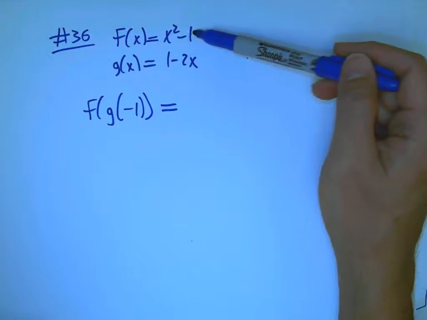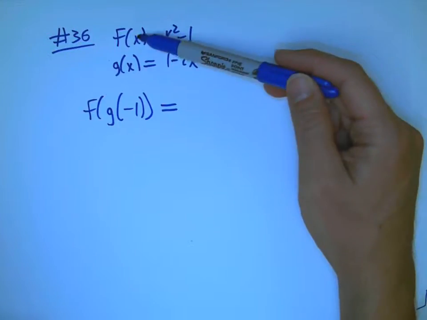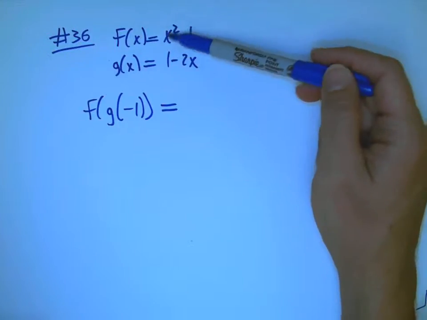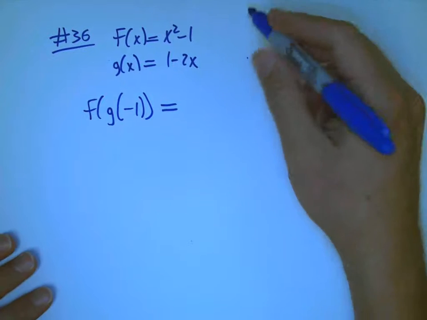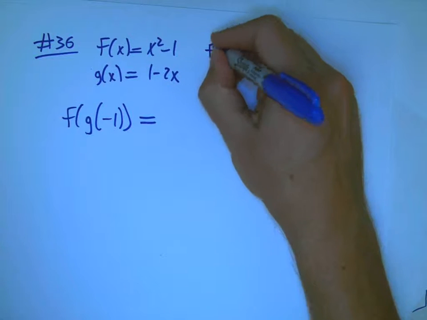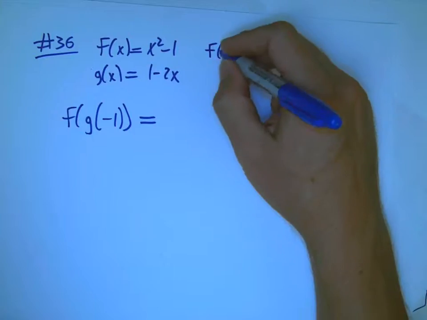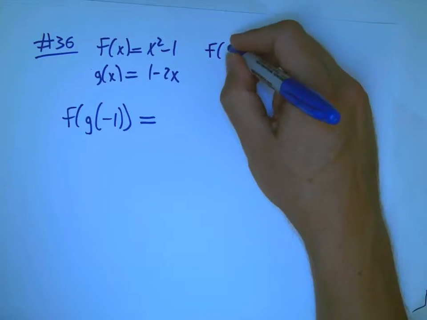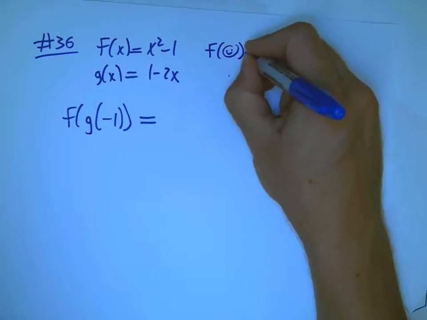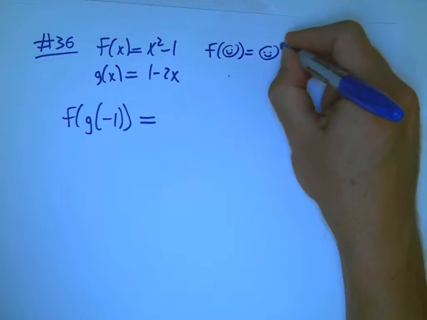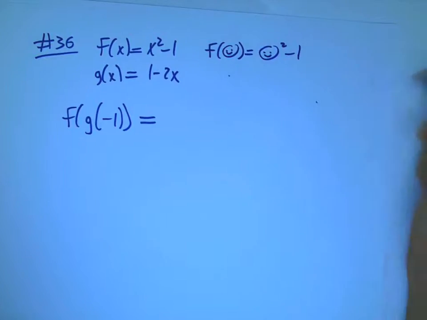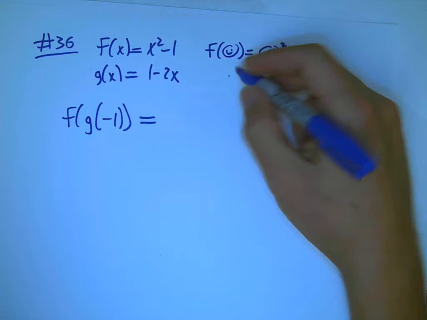And here they actually define what f does. It says if you put any input in here, then you square that input and you subtract 1. Now what's really crucial is that it doesn't have to be x. That means that f of smiley face, for example, is whatever smiley face represents multiplied by itself and then subtract 1.